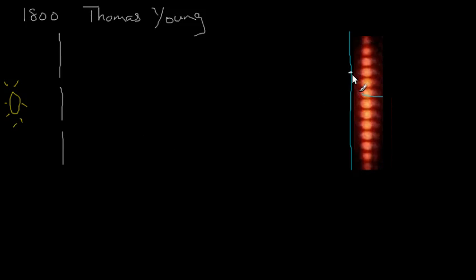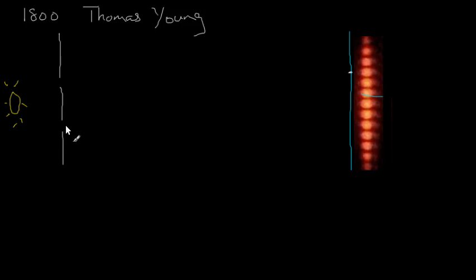Now, this bright fringe must have been formed by light coming from each of these gaps and meeting here and interfering constructively.